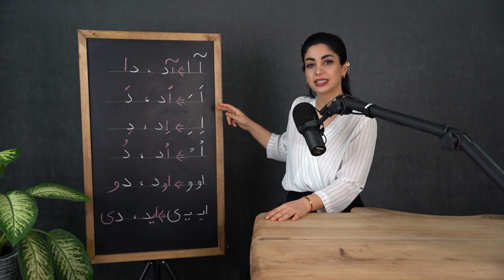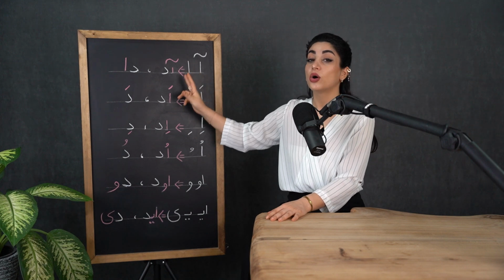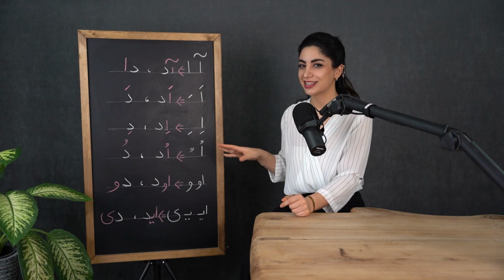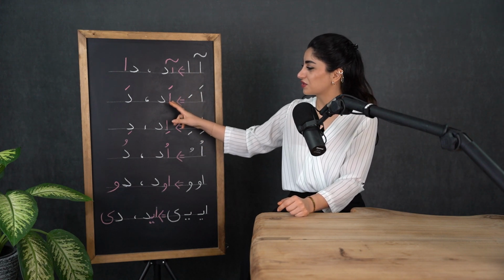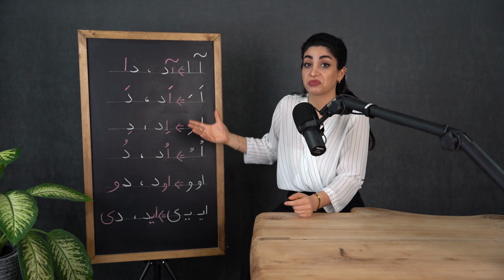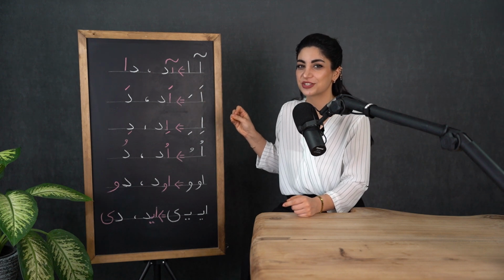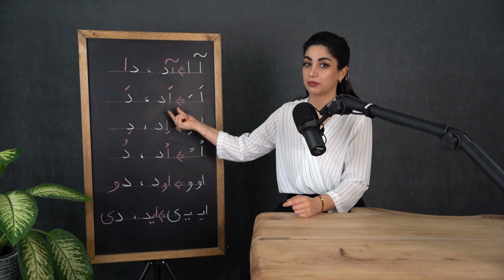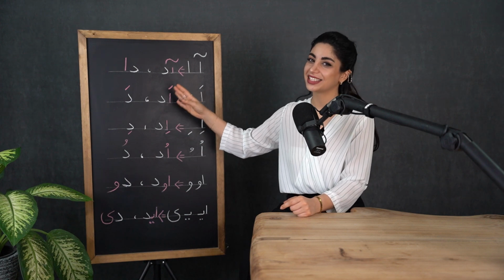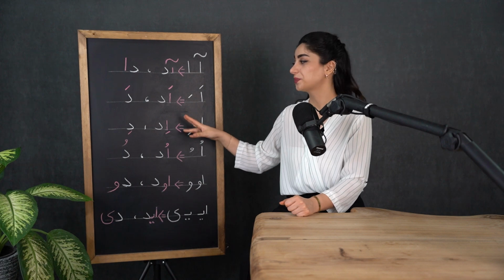What about this one? A wants to play. This one comes always at the beginning, doesn't attach to anything. So de, which only attaches from this side, can't attach to this because this one doesn't want anything attached to it. So they come separately. A, de. Together, ad.